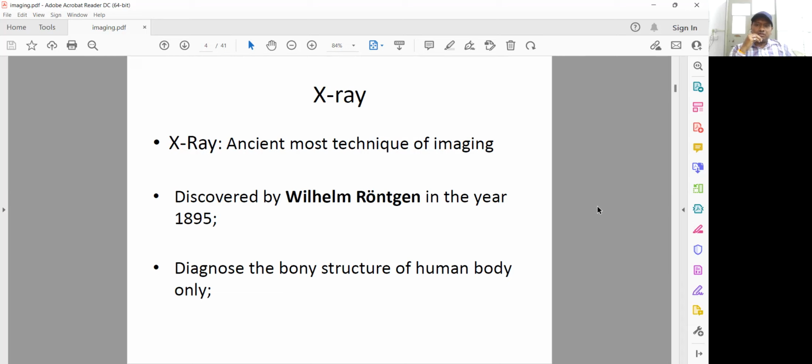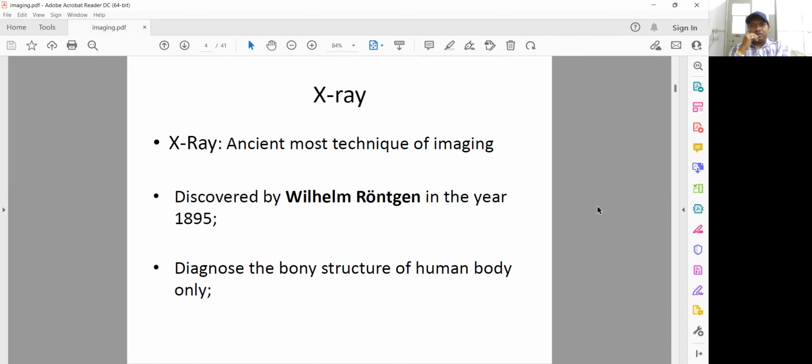So there are some restrictions: it cannot detect the other things. The tissues and the blood flows it cannot detect. So X-ray has some restrictions; it can only diagnose the bony structure.